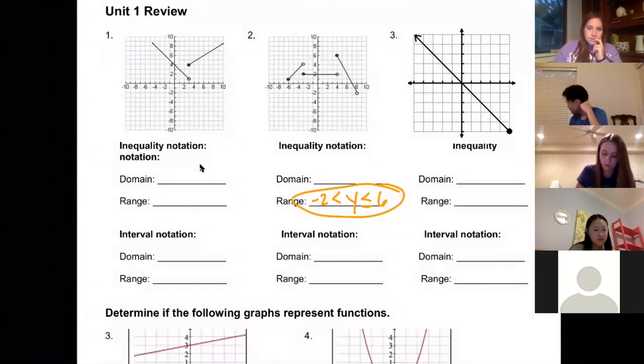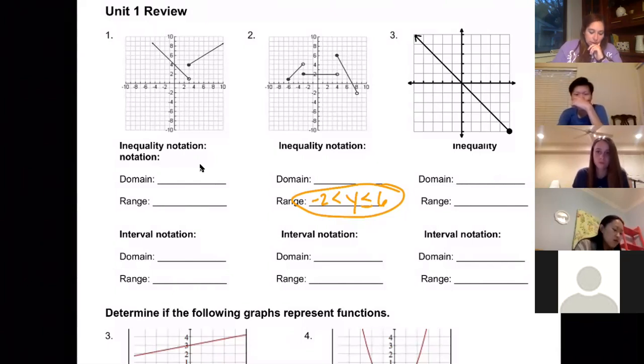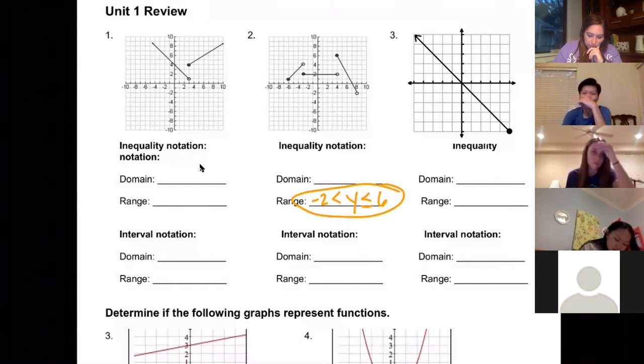Oh, and when do we use the U thing? Use the U thing whenever you have multiple intervals. So how does it look? I'm trying to see one where, I don't think there is one on 1, 2, or 3.